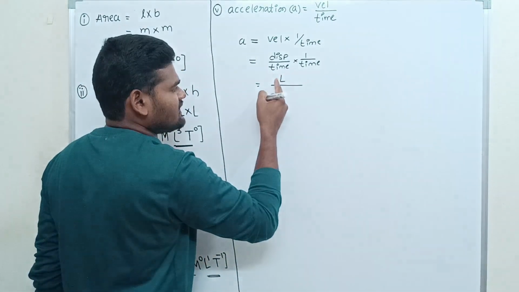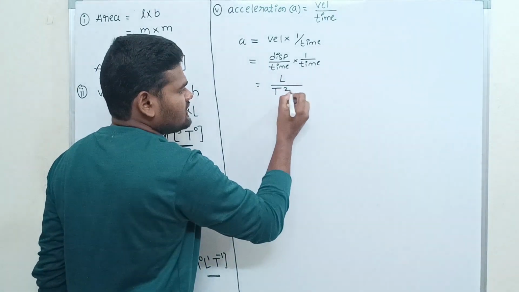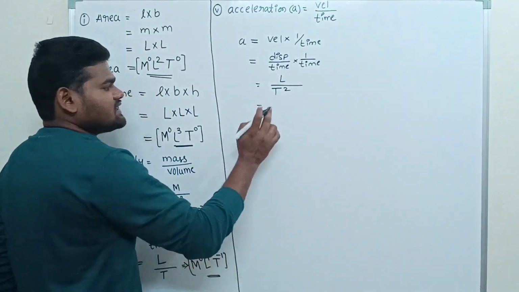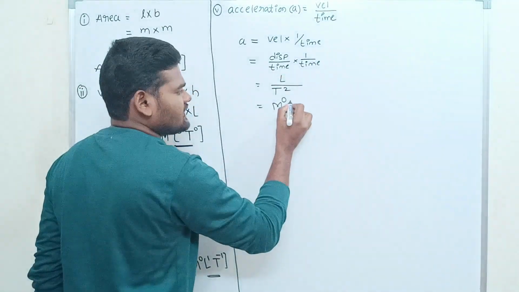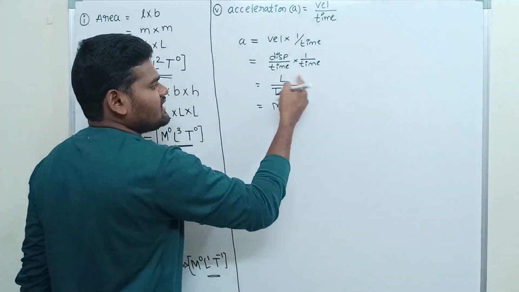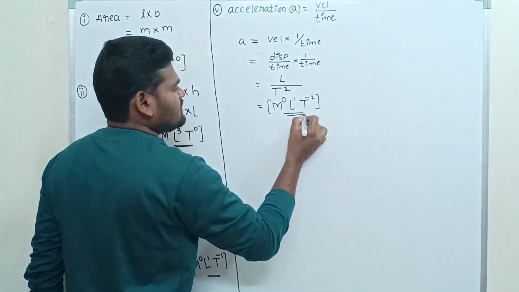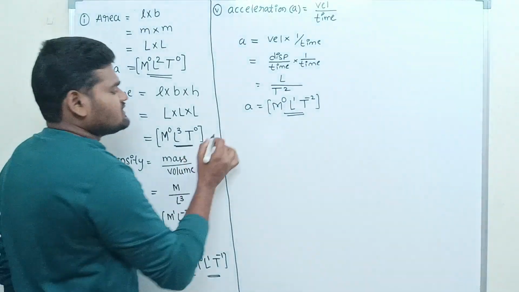The dimensional formula of time is T, and one more time is there, so T into T, T square. Any mass term present here? No mass term, M power 0. L power is 1. If T comes to numerator, it becomes T power minus 2. So this is the dimensional formula for acceleration.